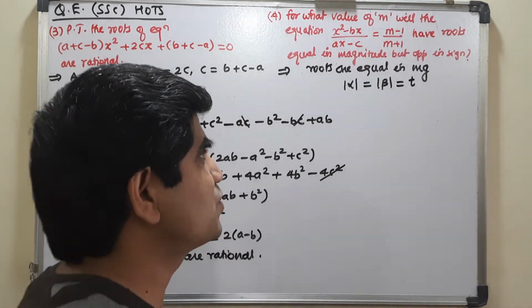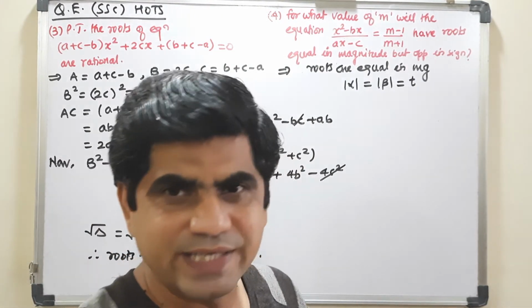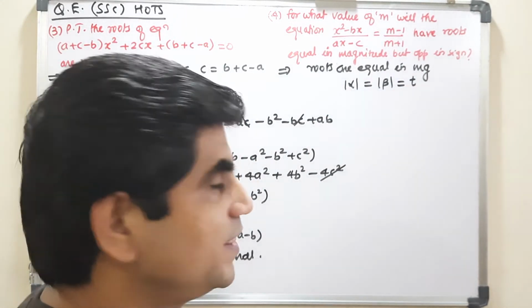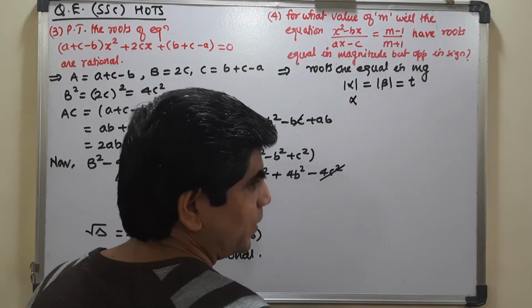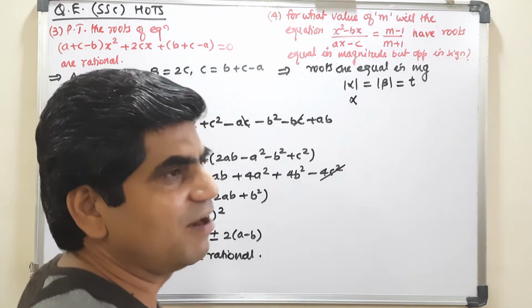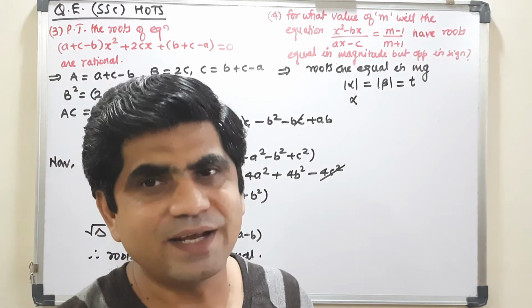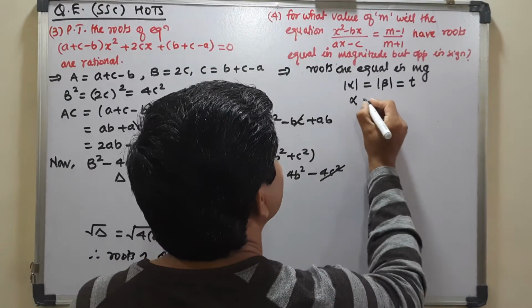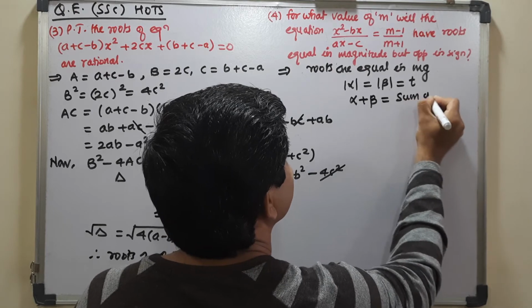The modulus value of alpha and the modulus value of beta is the same, that is, both have the same value, but the sign is different. That means whatever sign alpha has, beta will have the opposite sign. So alpha plus beta will be your sum of roots.